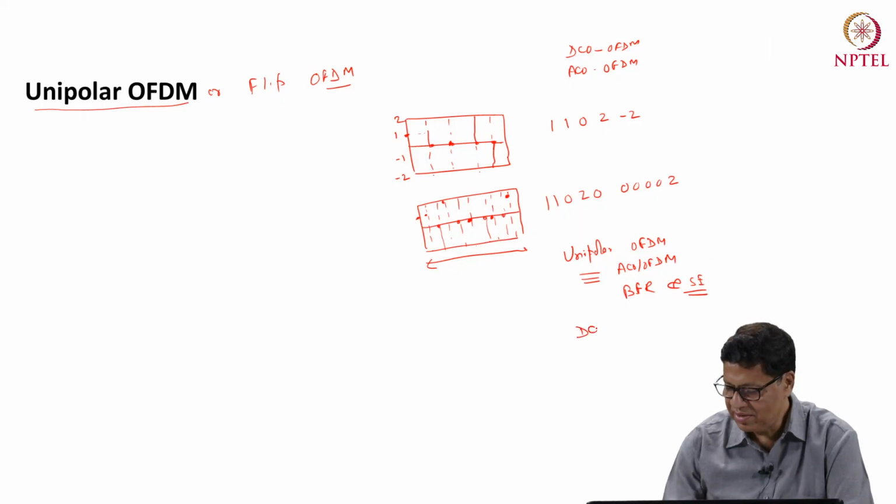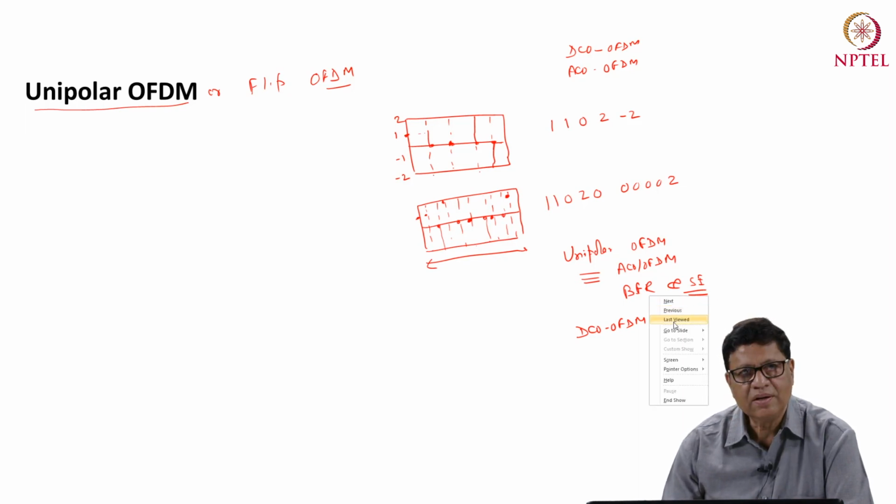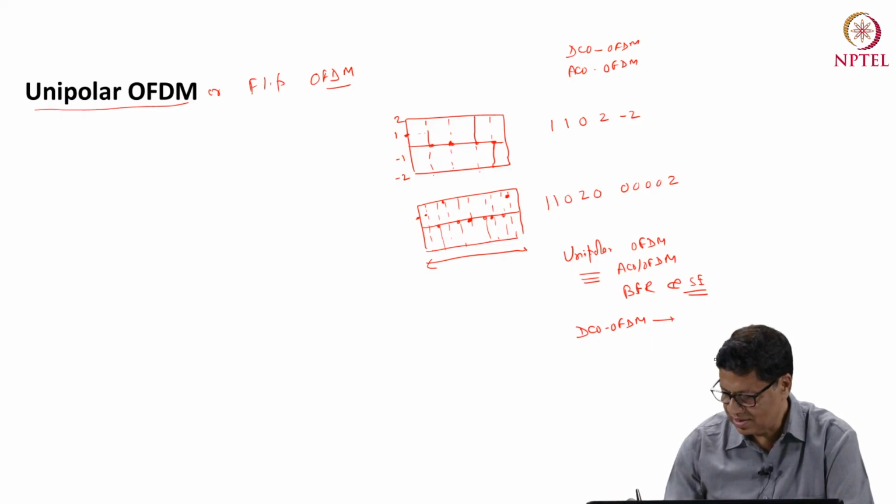Whereas DCO-OFDM is power inefficient because of the DC, and also it has better spectral efficiency.